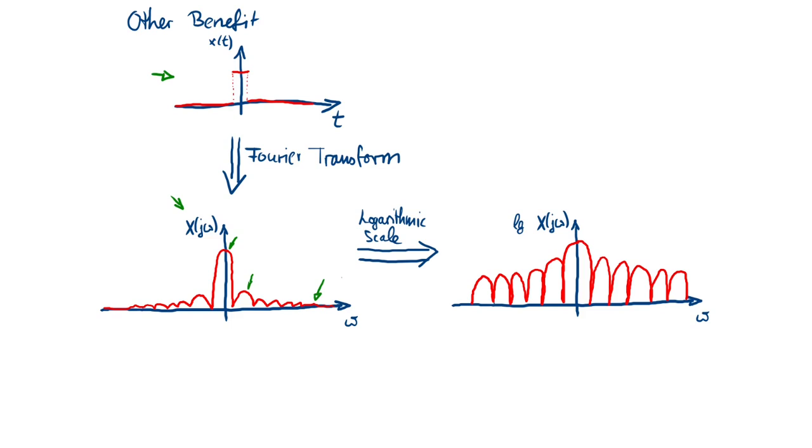And here in high frequency parts, the side lobes are so small that they are very close to zero. So if you display them in linear scale, you cannot see them anymore because they are so close to zero. They just look like a flat line, like here.